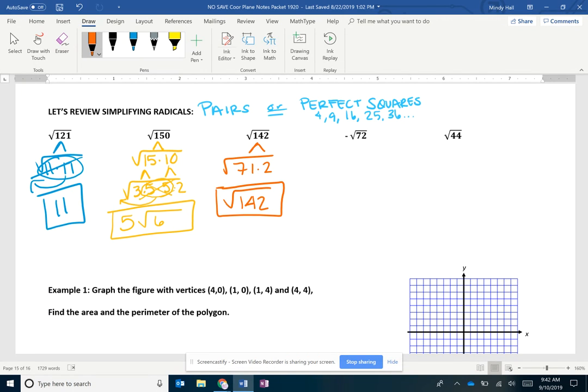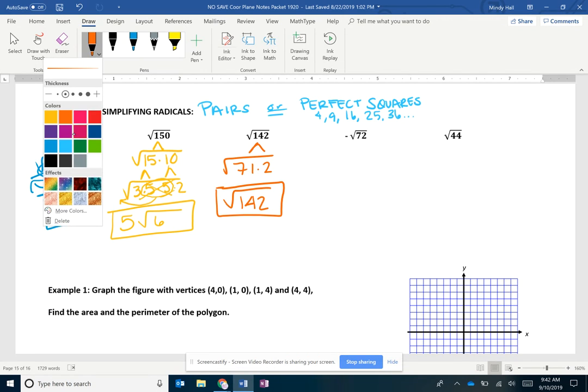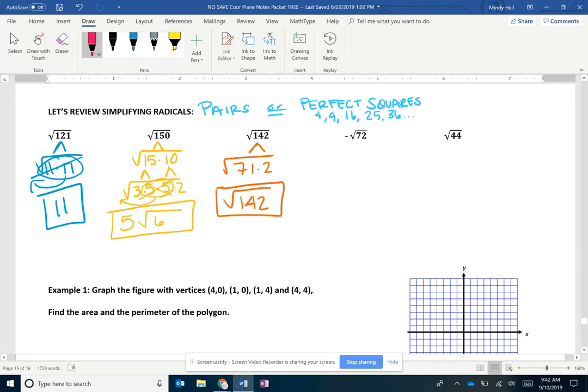It happens. All right, so then if I wanted negative square root of 72, I know 72 breaks into 8 times 9. 8 breaks into 2 times 4. And 9, if you want to break it down, breaks into 3 times 3. Some people just take it out right away.